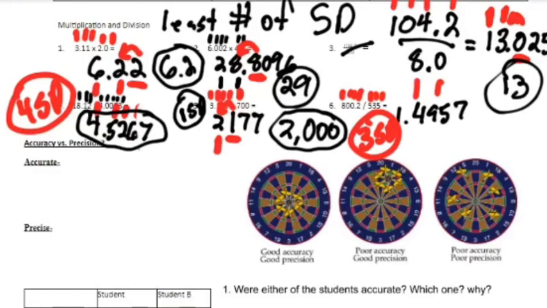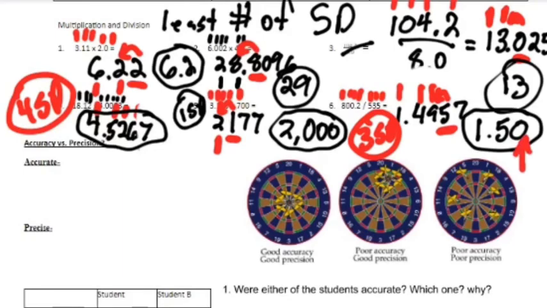And that means I've got 1, 2, 3. 5 is going to round the 9 up. So 1.49 is going to round up to the next closest number because it's a 9. It's like that 49 is rounding up to a 50. So my final answer is 1.50, because I need to make sure that this spot right here is still significant, because otherwise it looks like it only has 2 significant digits.